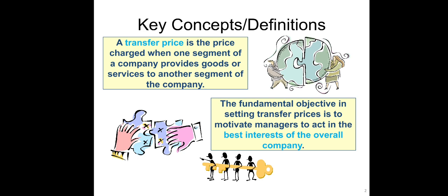So the most important thing in the context of transfer pricing is that everybody involved in the setting of the transfer price must remember that the transfer price must be for the best interest of the overall company, not the best interest of one segment, but must be set for the best interest of the whole company or the whole business.